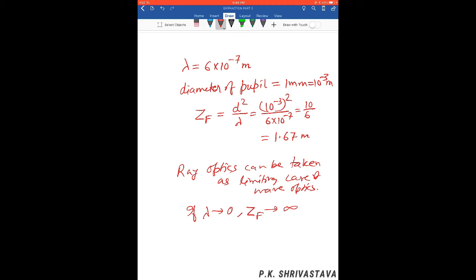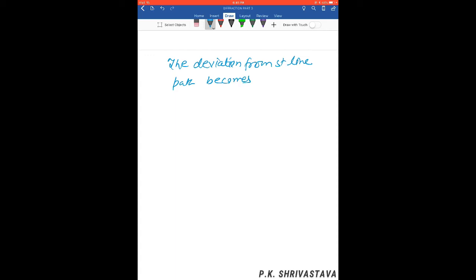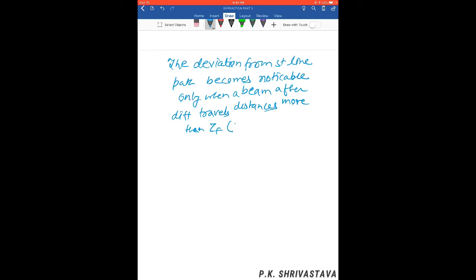Here it is important that the deviation from straight line path becomes noticeable only when a beam after diffraction travels distances more than Fresnel distance, or in case of human pupil this is 1.67 meter.